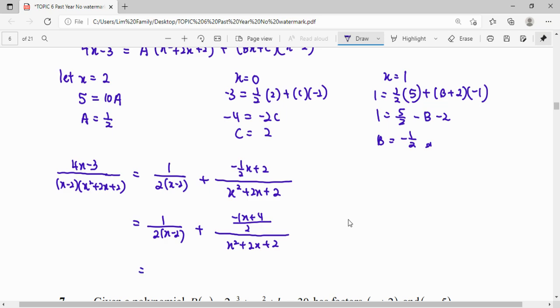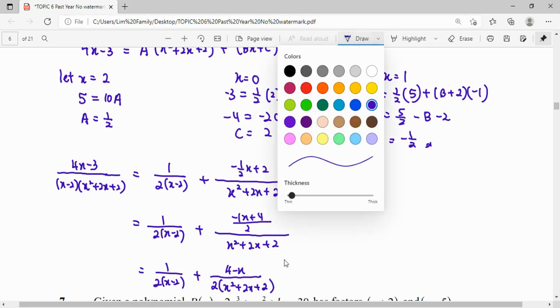Finally, we have 1 over 2 times (x minus 2). The numerator part is left with 4 minus x. The denominator part is 2 together with this denominator part. That will be our simplest form.